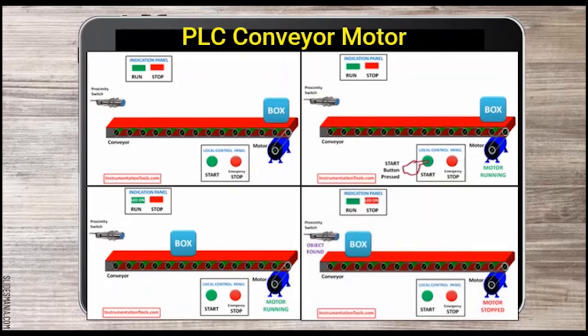Once the box gets near the proximity sensor, the motor will stop, and the green indication lamp will be deactivated while the red indication lamp will be activated.